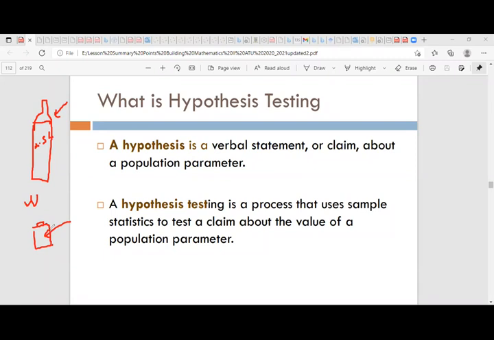The same way when you take your phone batteries, they give you some values regarding the charge level of your battery. It's for all such batteries produced globally. So we say it's a claim about a population parameter. Like we said, a population parameter relates to all data on all observations in the population.